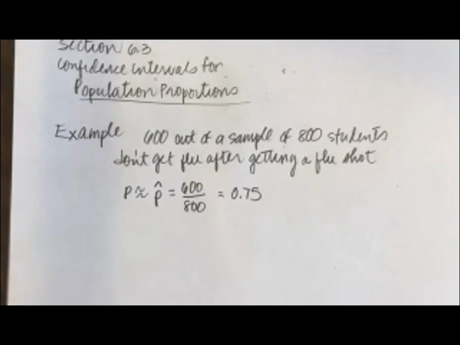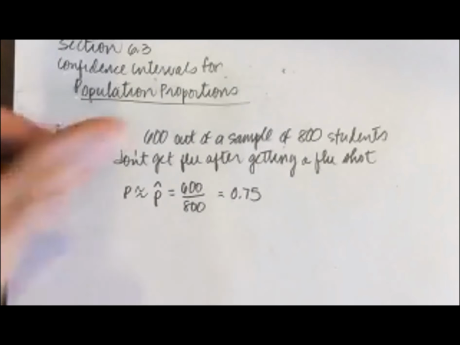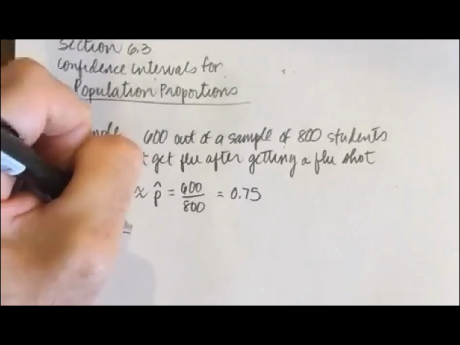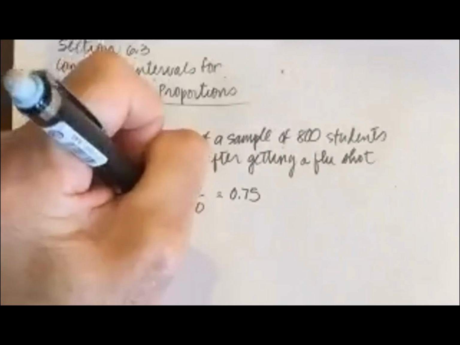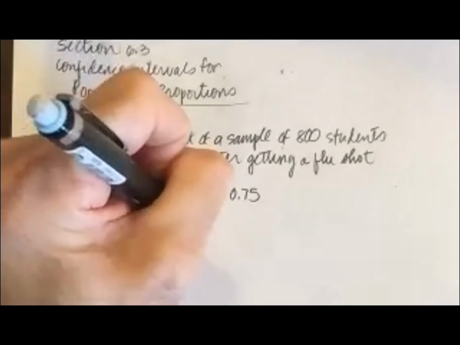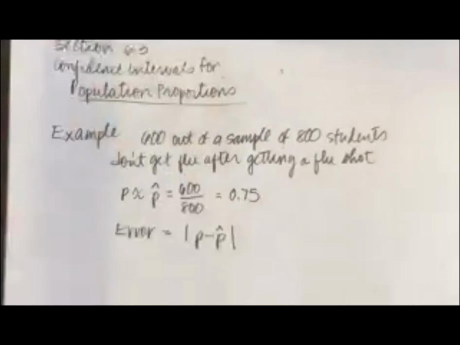But we would like to know, okay, that's great, but what if I took a different sample? I would get a different proportion. And then, how do I know how accurate this estimate really is? What we want to do is build a margin of error. So the error in this estimate is the difference, the actual error is the difference between the true proportion and what we get for our sample.